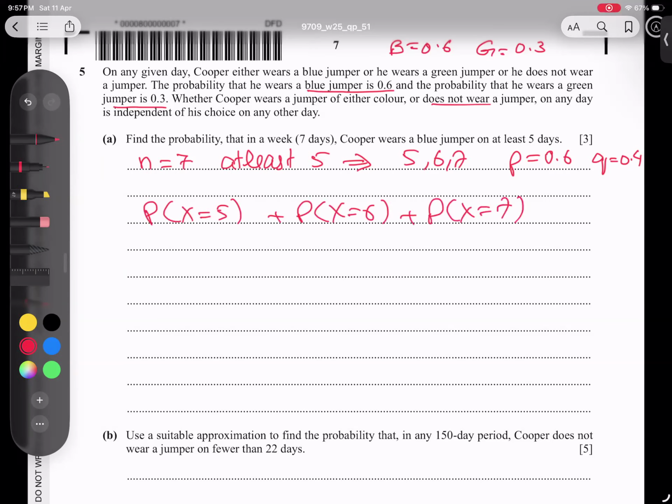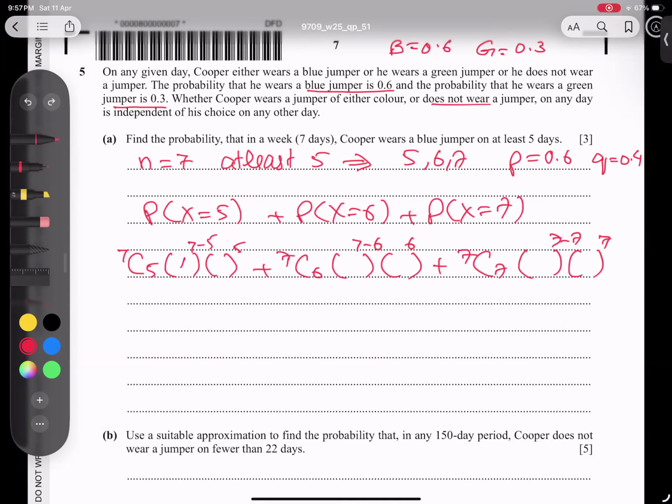nCr, so it means 7C5, 7C6, and 7C7. Then 7 minus 5 is 2, 7 minus 6 is 1, and 7 minus 7 is 0. In the first bracket we always write Q, 0.4, and in the second bracket P, 0.6.